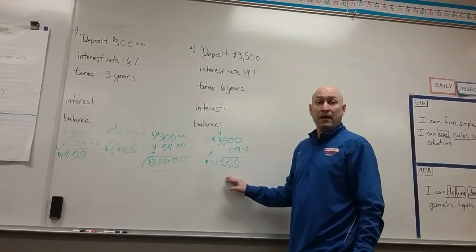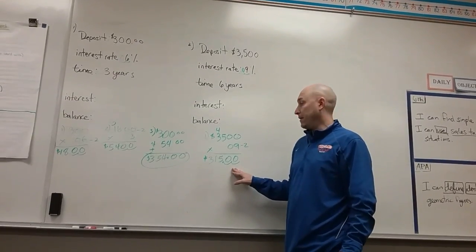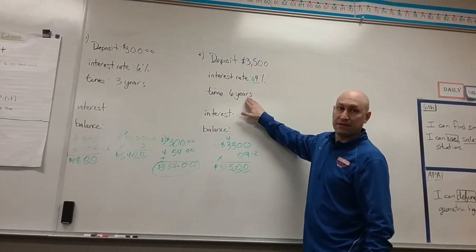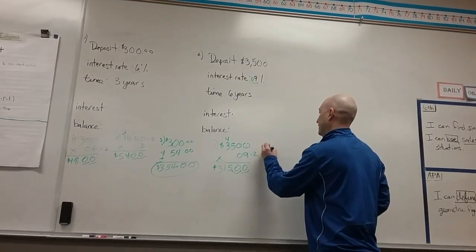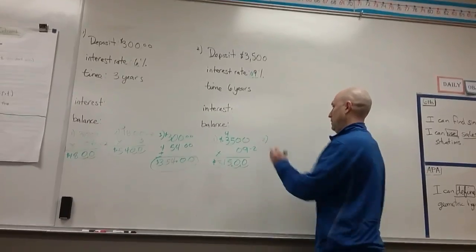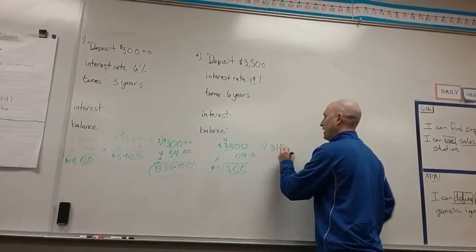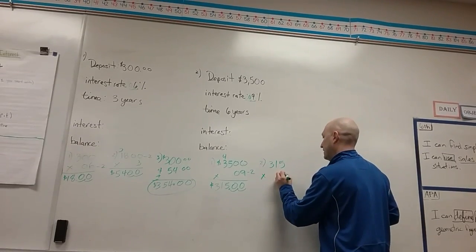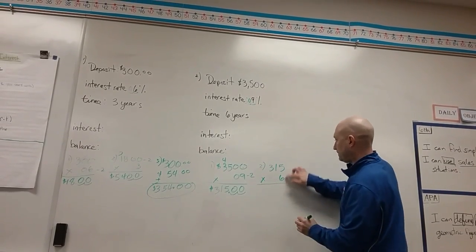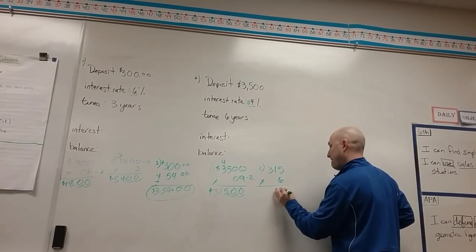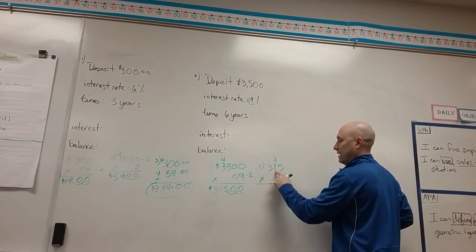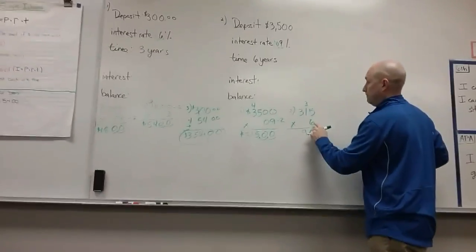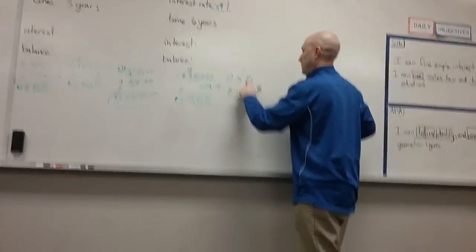This would be the amount of interest that it would grow over the period of 1 year, but I do it over a period of 6 years, which is my time here. So my second step would be to take my answer of 315. I'm going to make it a whole number so I don't have to work with more decimal places. Now I'm going to do that times 6. 6 times 5 is 30. 6 times 1 is 6, plus 3 is 9. Sorry, I thought I made a mistake here.